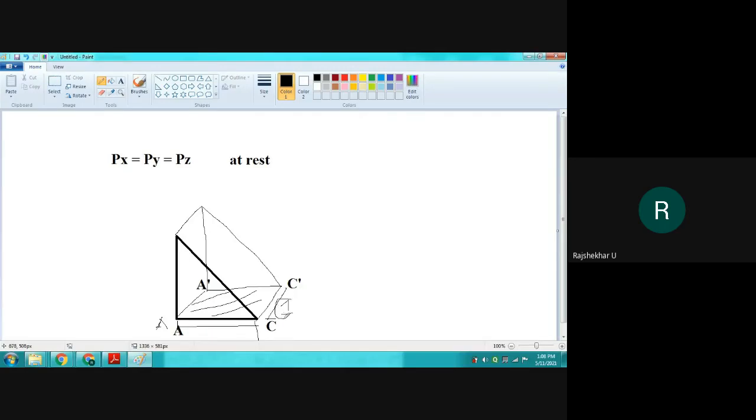So this can be assumed. We know that this is dx, this is dy, this is our dz. For dx the other side is 1 meter or unit. So this is 1.